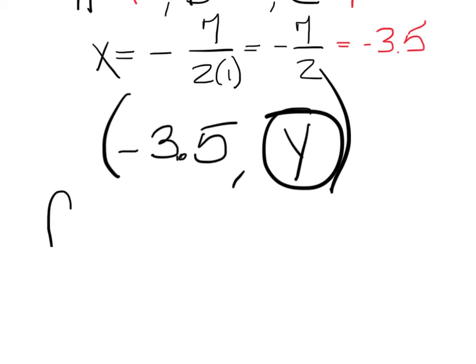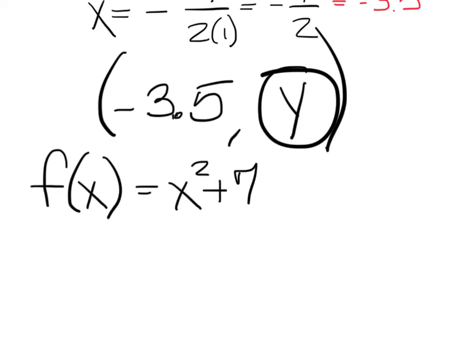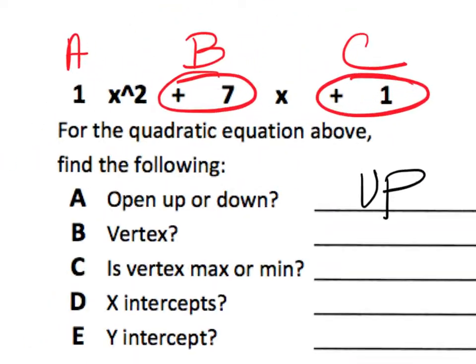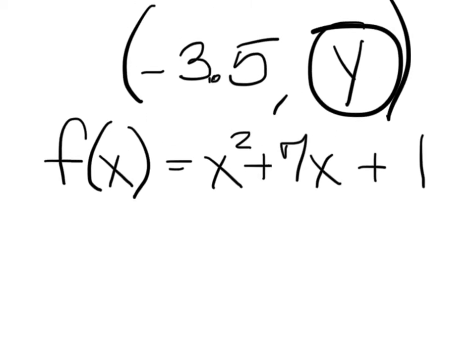What you have is this. F of x equals x squared plus 7x plus 1. That comes from the top. And we have found negative 3.5 for x.